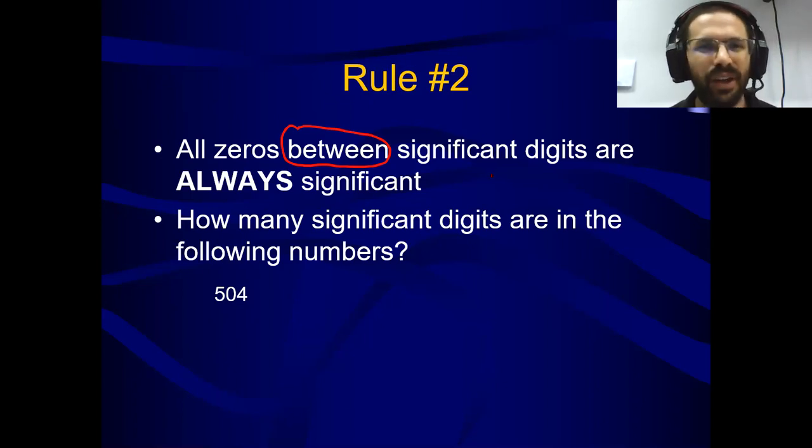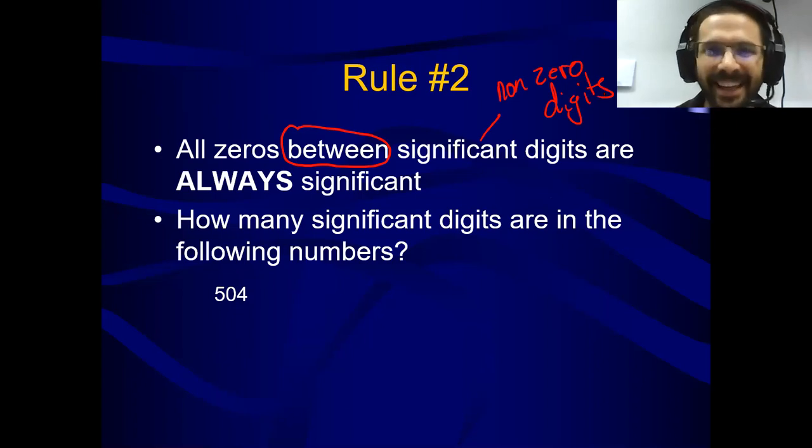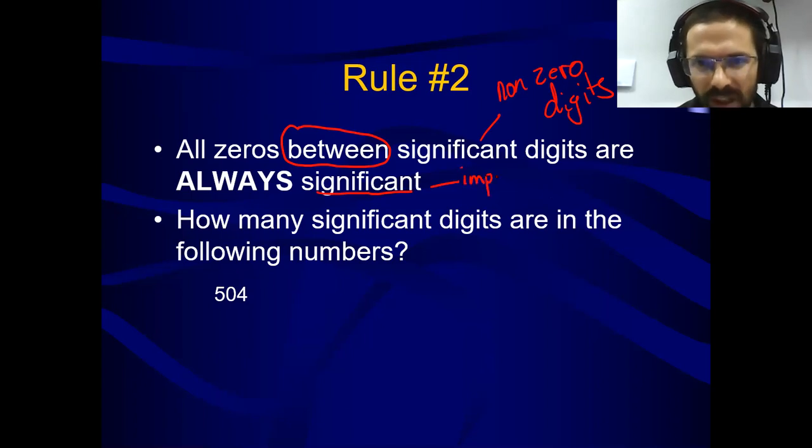All zeros between significant digits are significant, and non-zero digits are always significant. So let's go back down and see what we got here.